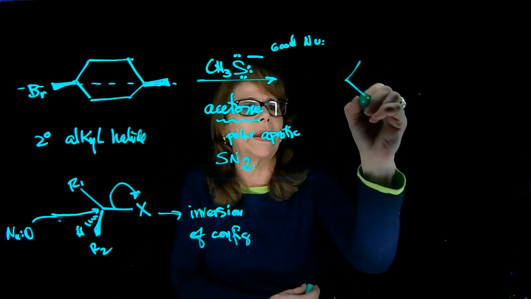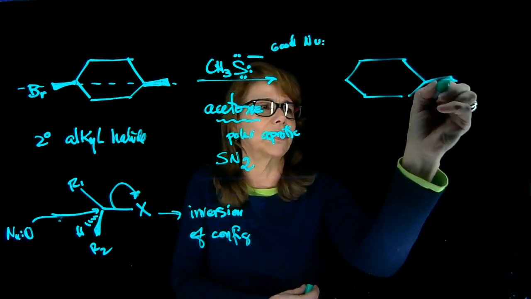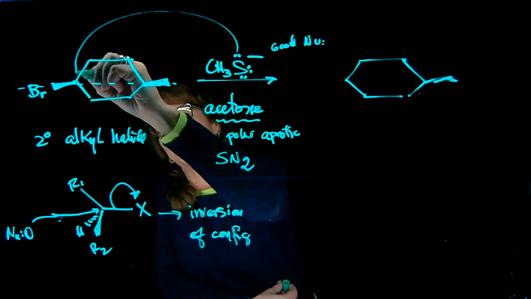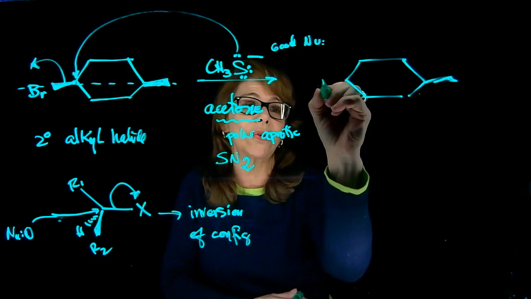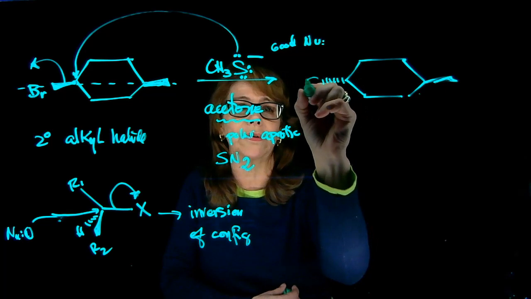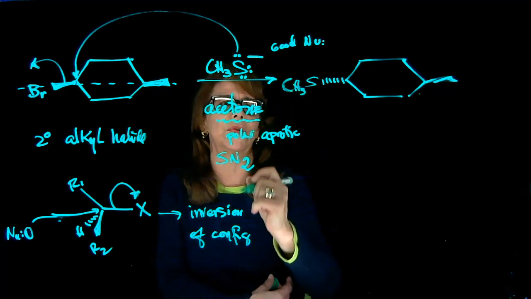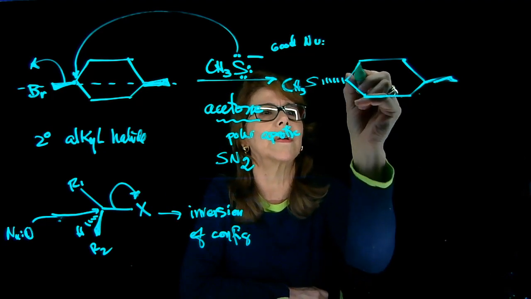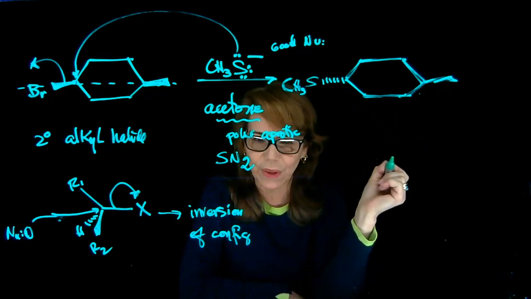But we're going to draw the SN2 substitution anyhow. The nucleophile attacks that carbon, and you're breaking that bond. I'm going to draw it nonetheless with the configuration as is, but remember you don't really need to specify the configuration in this particular one. So that will be your product.